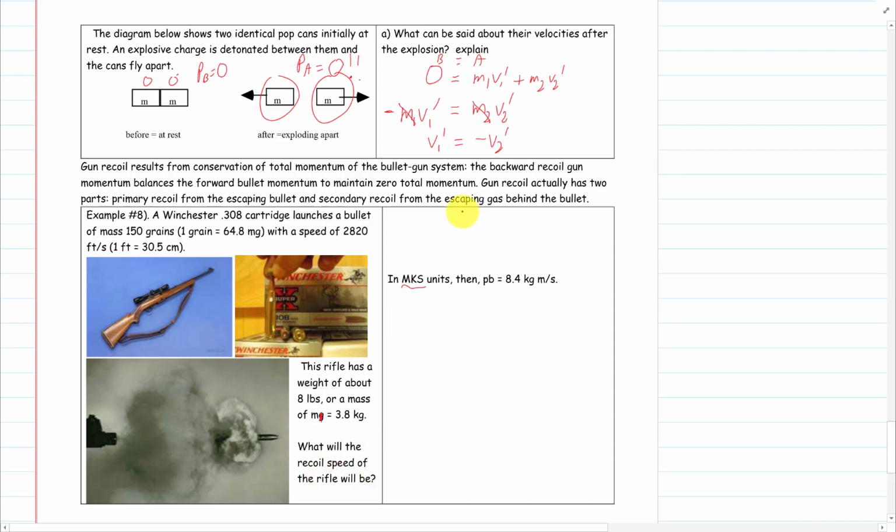So, momentum before equals the momentum after.